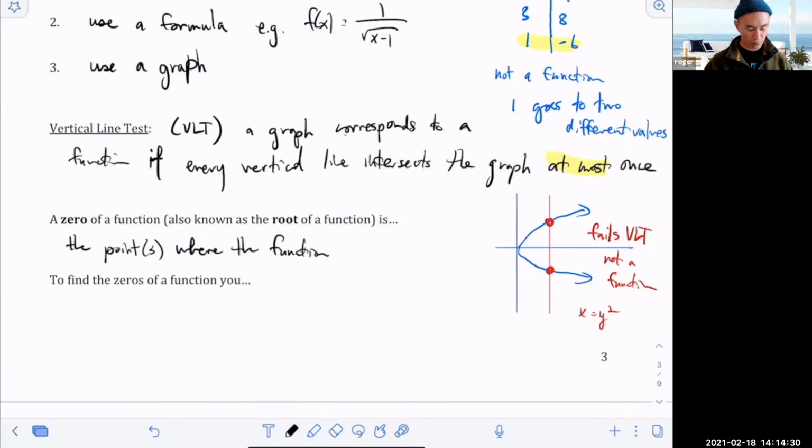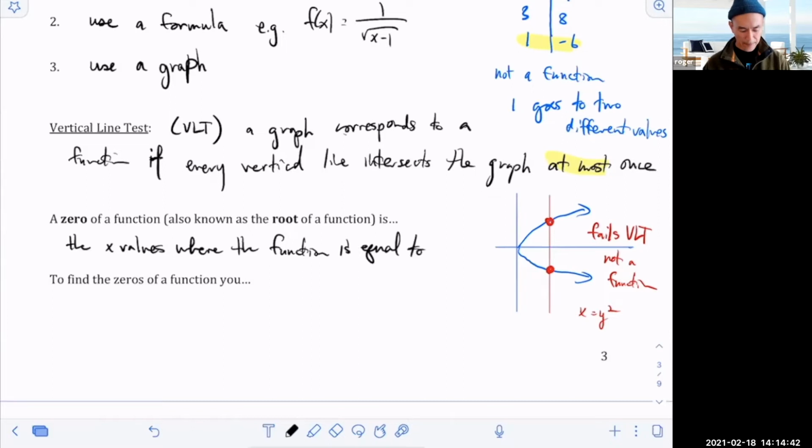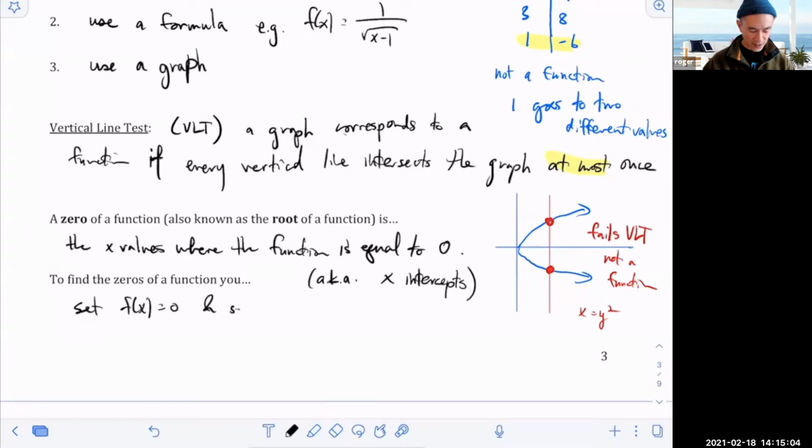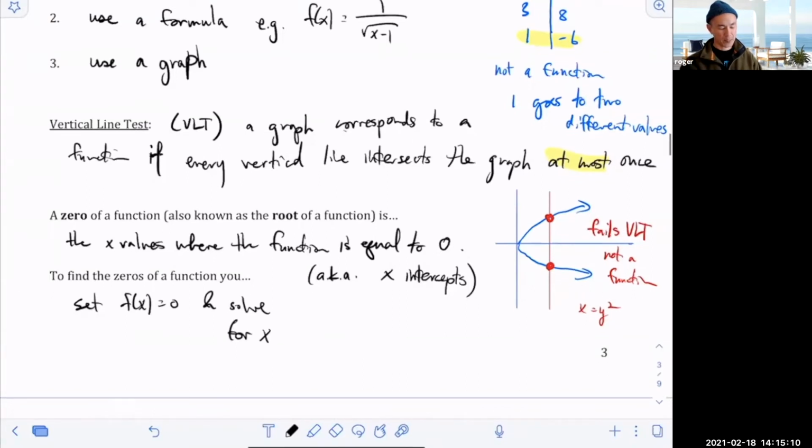Let me erase this. Say the x values where the function is equal to 0. This is also called the x-intercepts. Intercept means to cross, right? So the zeros are also called the intercepts. And to find the zero, all you got to do is you set f of x equal to 0 and solve for x. So it's pretty straightforward.